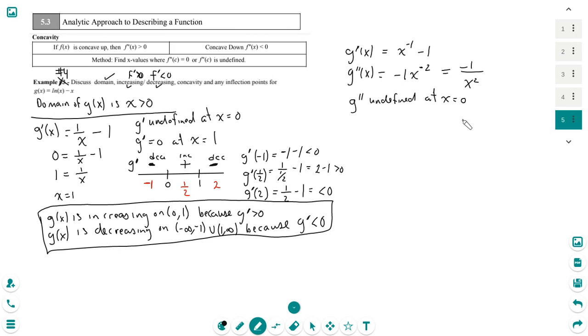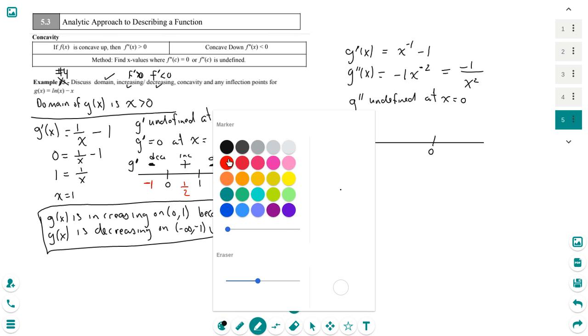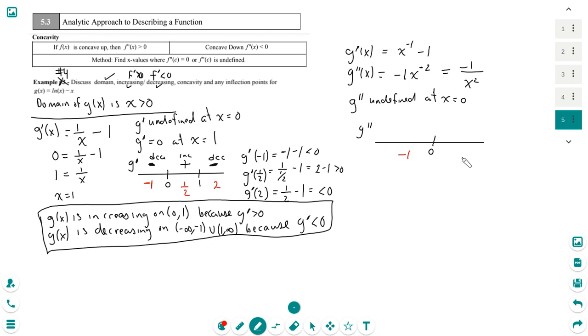That will be the only value I use to break up the intervals. Now I'm going to draw a number line and place 0 on it. I'm going to evaluate g double prime at values around that. How about we test negative 1 and positive 1.